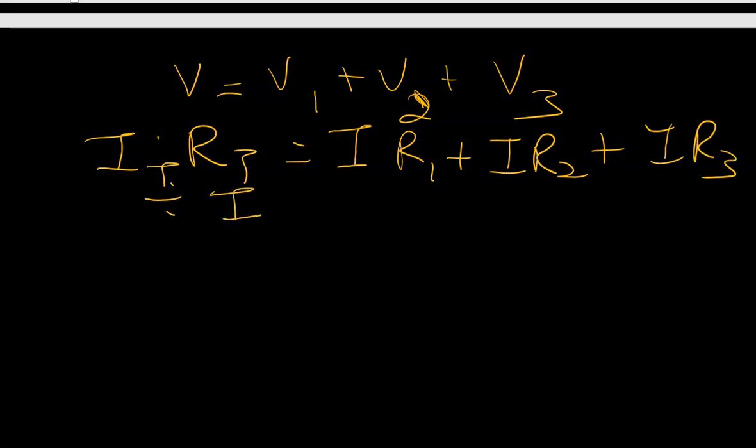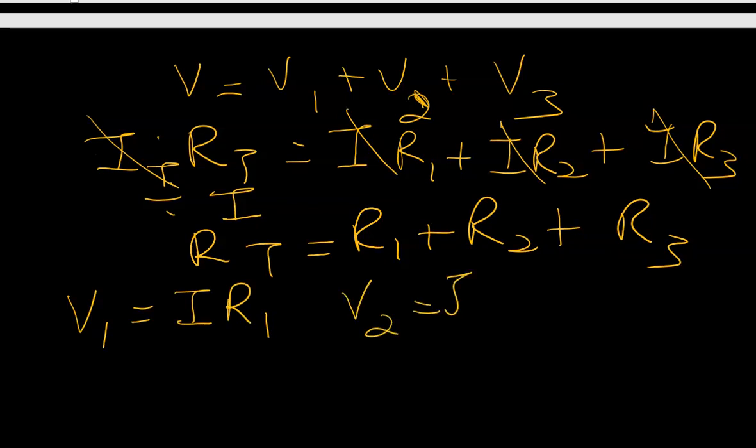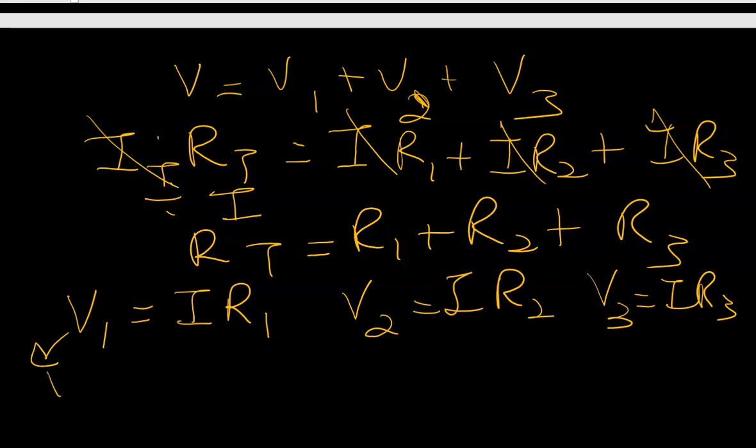If you divide by I, because I is the same, R_T is R1 plus R2 plus R3. If you wanted to get V1, because the current I is the same, you multiply it by R1. In the same way, V2 is I by R2, and V3 is I by R3.